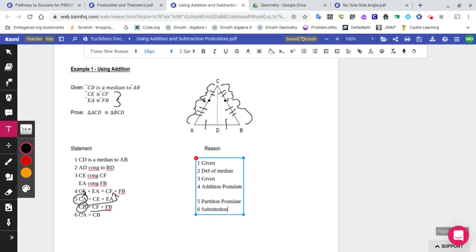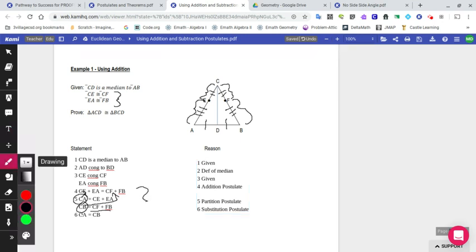Did I spell that right? Substitution postulate. And that is how I get CA congruent to CB in this proof using the addition postulate. Those 3 steps go together. These 3 steps go together in that order using these 3 reasons in that order.